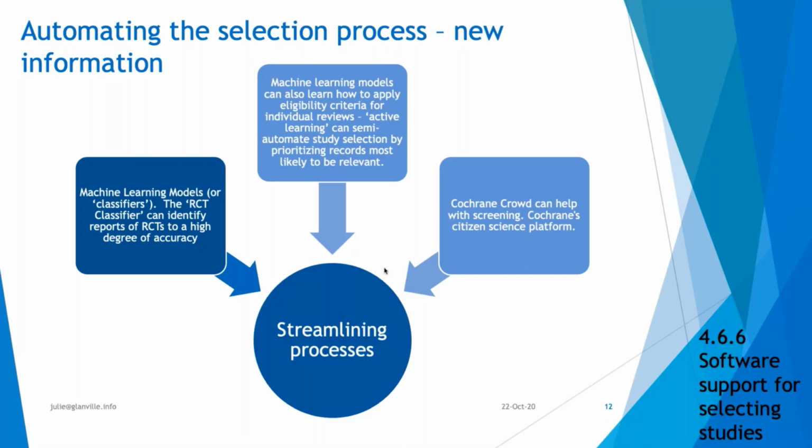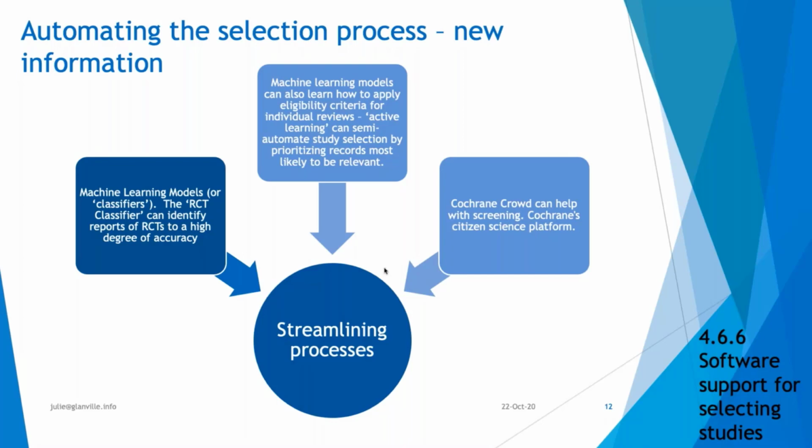And this can extend beyond the methods classification to looking at things like subject and other aspects of your PICO. So these are tools that are available in many of the software packages that we are starting to use more frequently and can be explored as part of our review work.